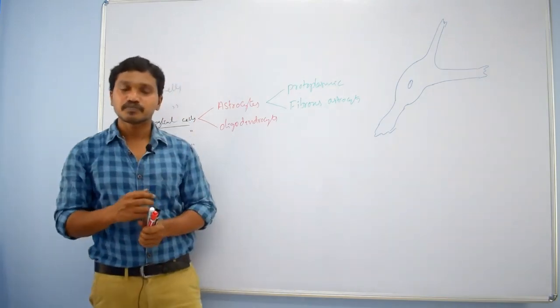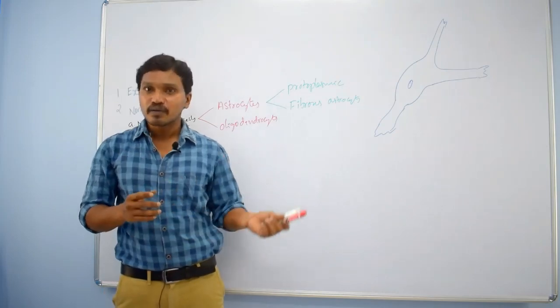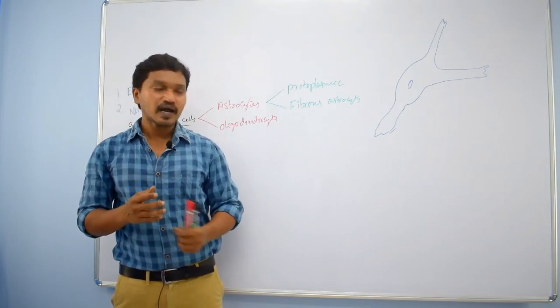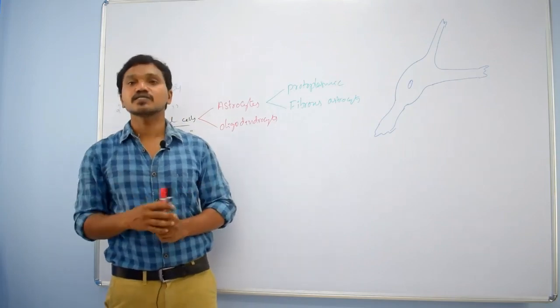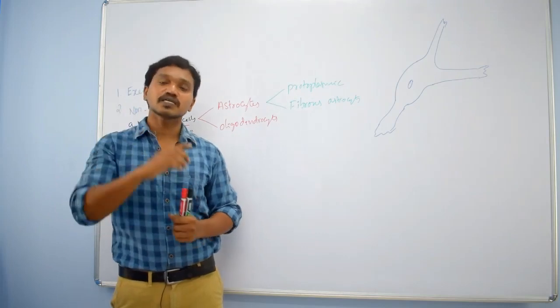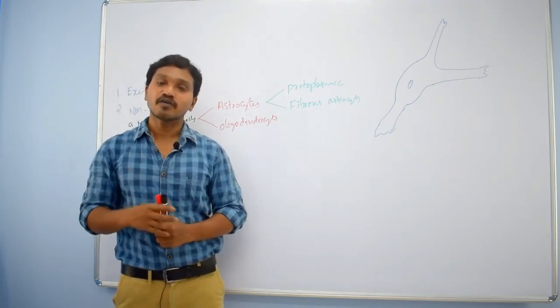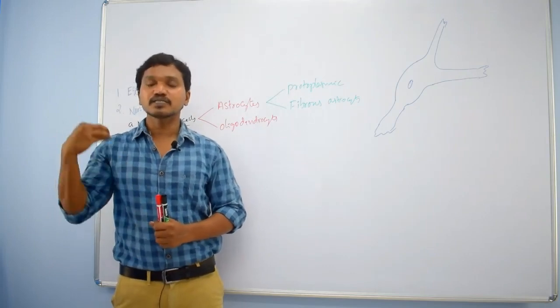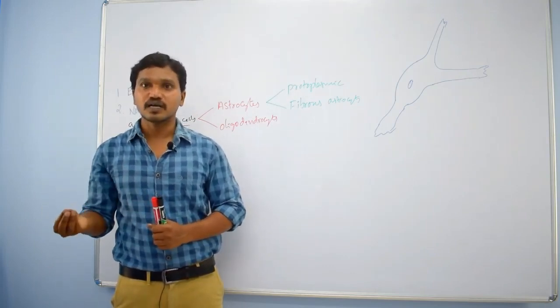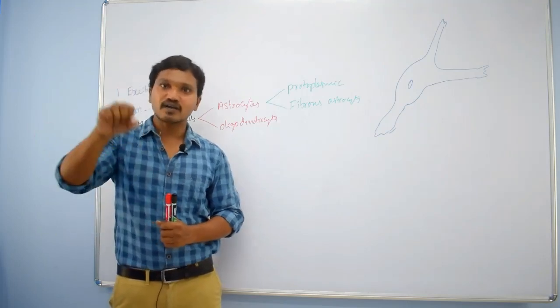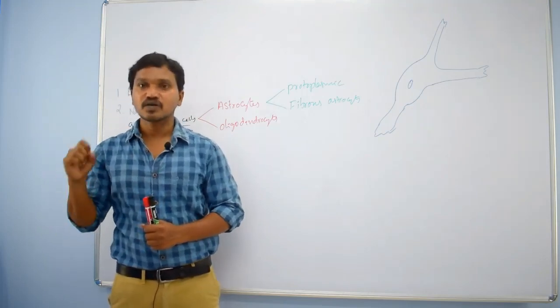Possibly they are migrated circulating monocytes, and they are present in relation with the blood vessels, and they are phagocytic in nature. That means if they encounter any foreign material, they will engulf it.